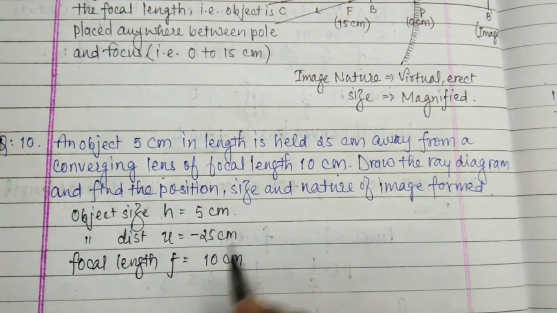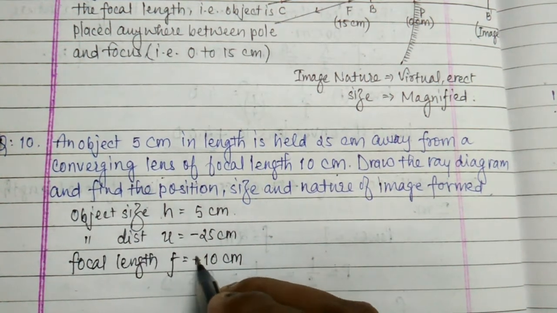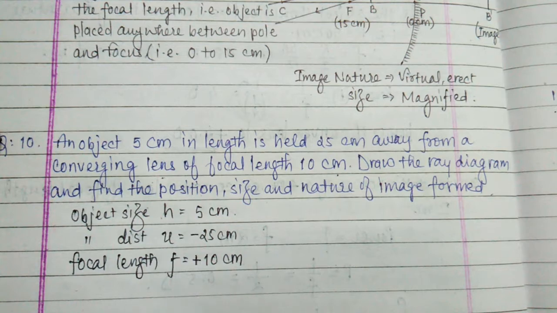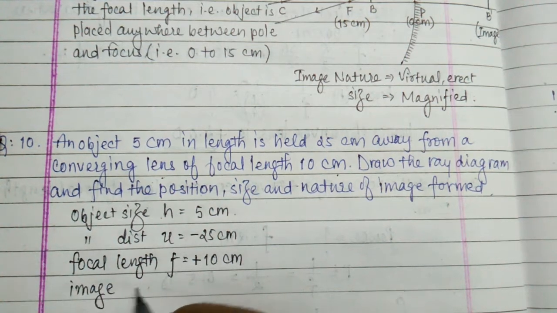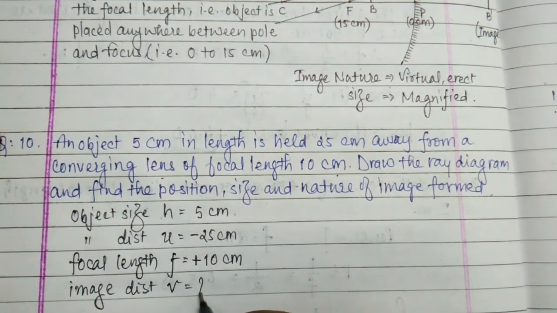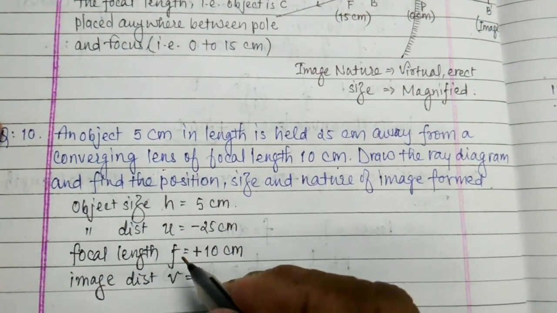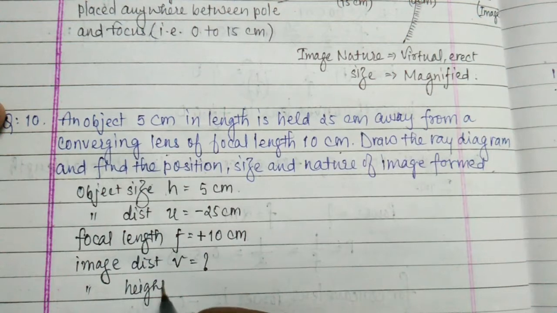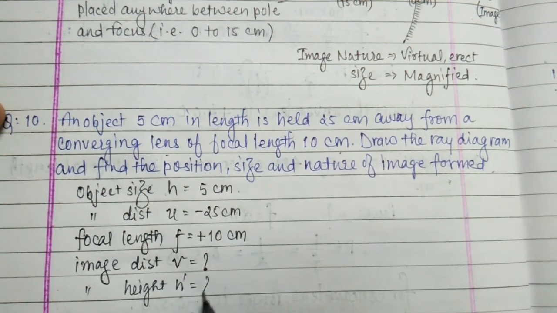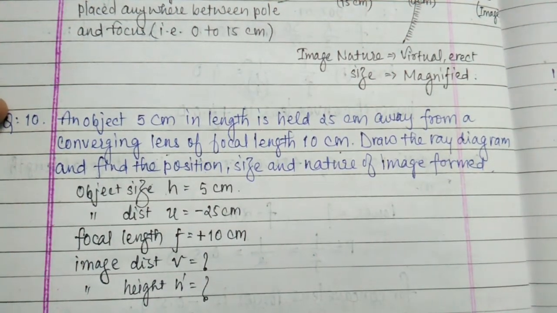So the focal length is positive. Now we have to find image distance and image height. We have to find this.